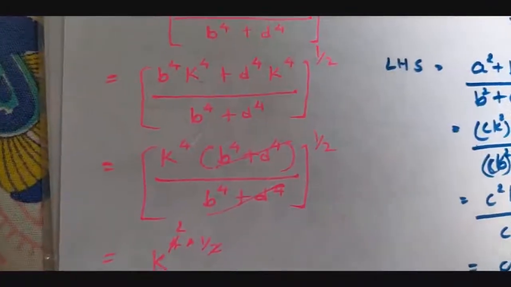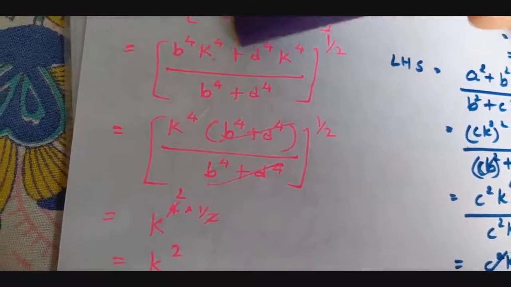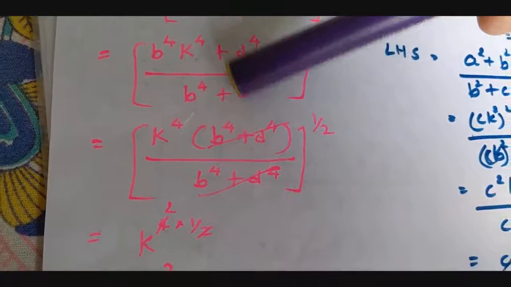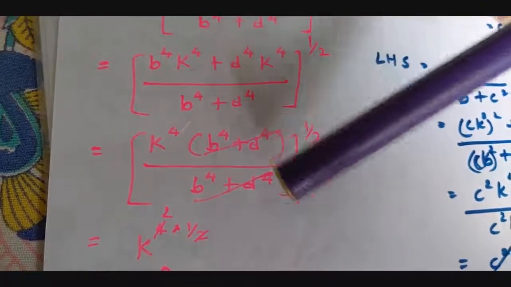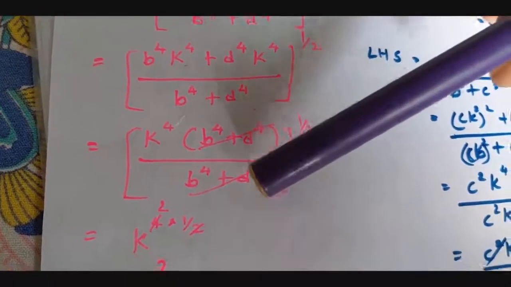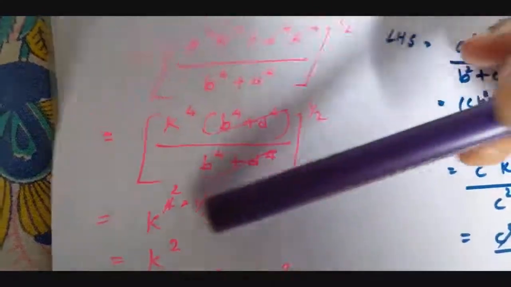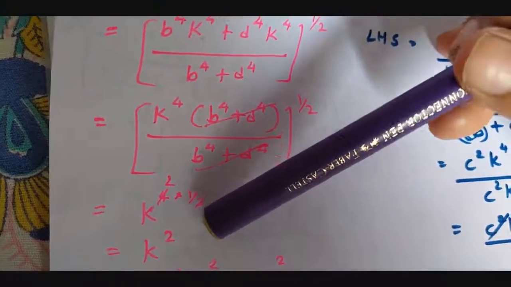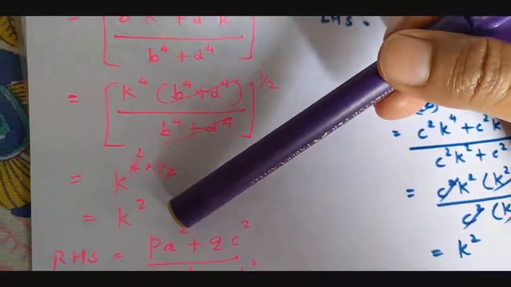Next step, k raised to 4 is common from these two, so I took k^4 common, then b^4 plus d^4. Denominator is as it is, power 1 by 2. So you can see the bracket gets cancelled, so I have only k^4, and this power 1 by 2 is in multiplication, so it gets cancelled and I get only k^2.